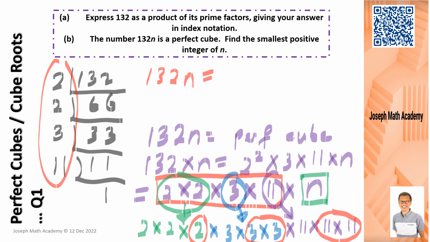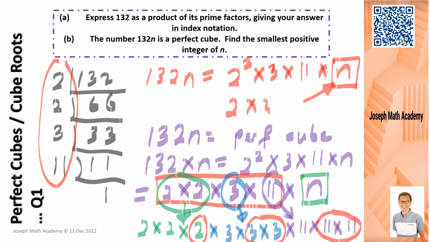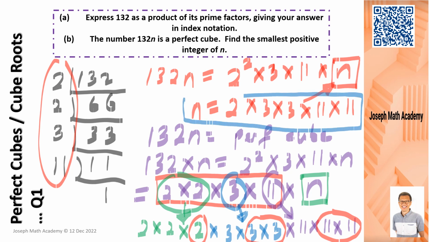This is the question: 2 squared times 3 times 11 times n. And n is actually the numbers we have circled: 2, 3 by 3, and 11 by 11. So this whole thing is n. This is what we have added to that algebraic expression. So the value of n is in fact very abstract.